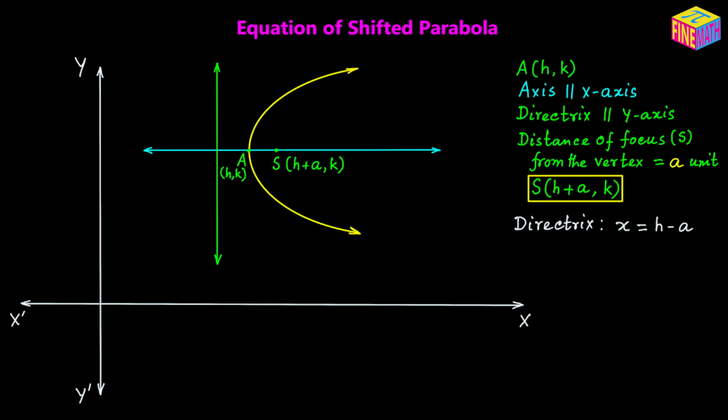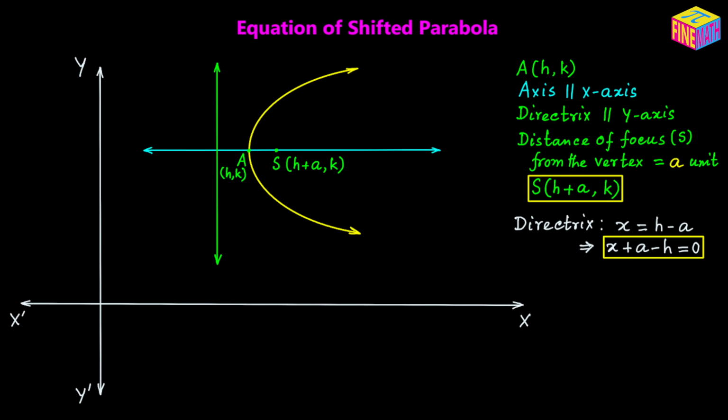For any line which is parallel to the y-axis, the equation is denoted like x equals the x coordinate of a point on that line. So in this case, we can say that the equation of the directrix can be written as x equals h minus a. And if we bring everything to the left hand side, the equation can be written like this, x plus a minus h equals 0. So we have been able to find out the equation of the directrix also.